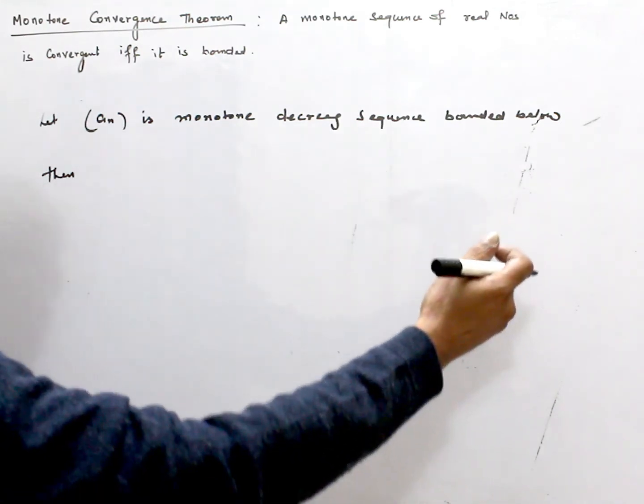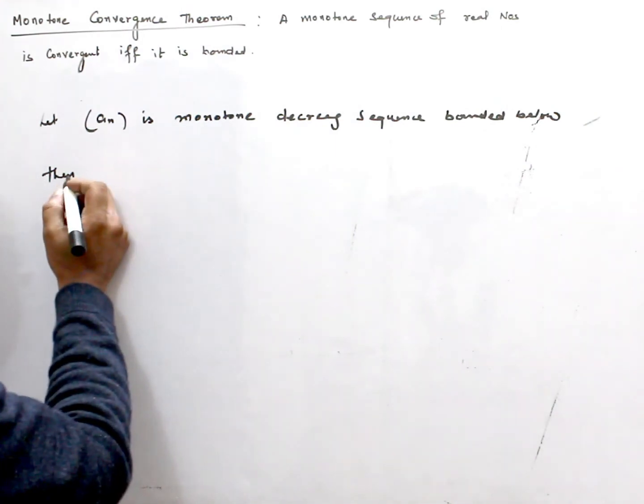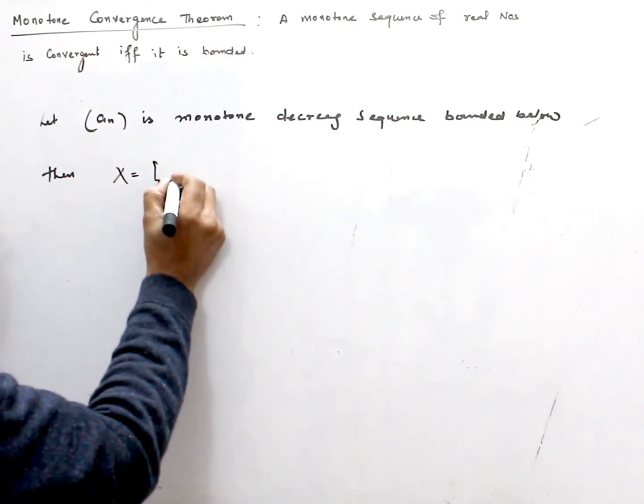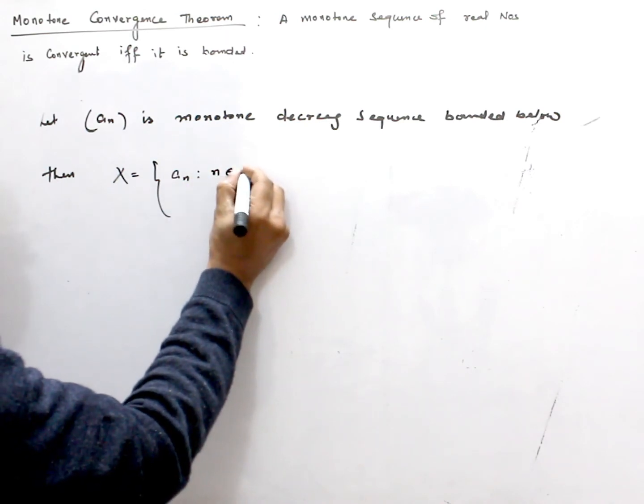So a decreasing sequence will move from right to left. Then let X be the set of terms of the sequence a_n.